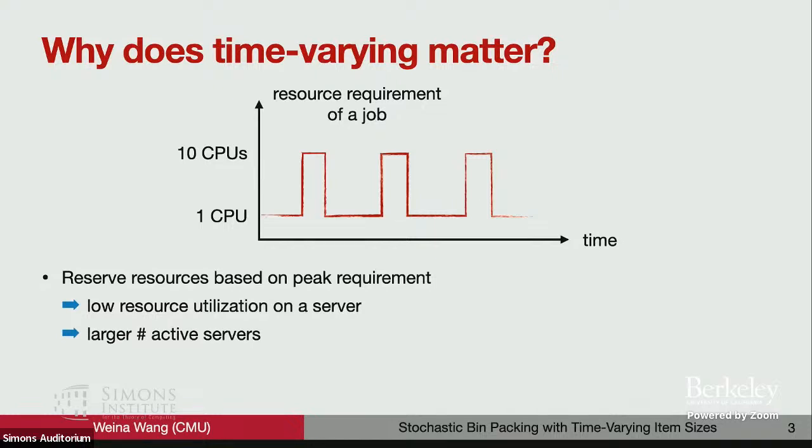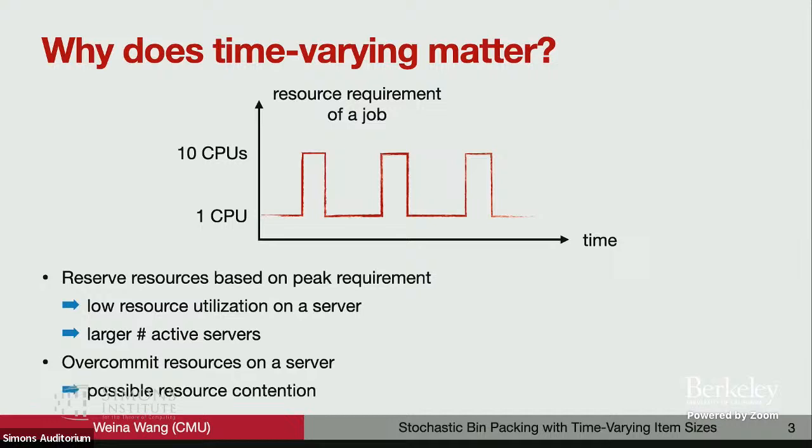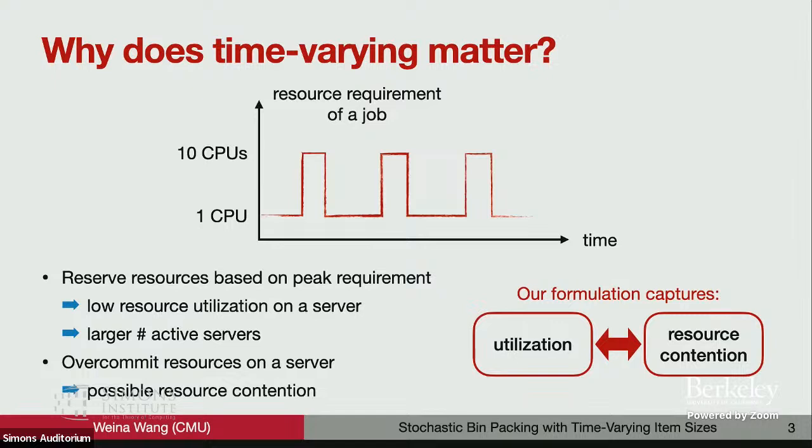What people actually do in real systems is they overcommit the resources. But that comes with a cost, which is this possible resource contention. So our formulation here with the time varying job resource requirements captures this relationship between utilization and the potential cost for resource contention.